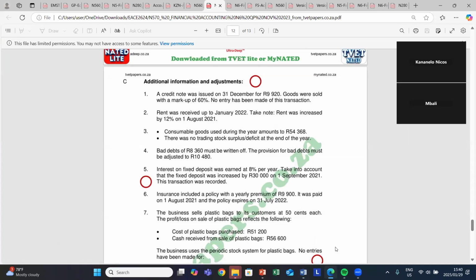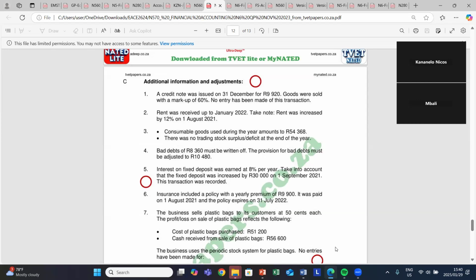Interest on fixed deposit was earned at 8% per year. This one is similar to the one that we did. Take into account that the fixed deposit was increased by 30,000 rand on the 1st of September 2021. This transaction was recorded. To calculate our interest on fixed deposit for the current financial year, it's similar to rent.